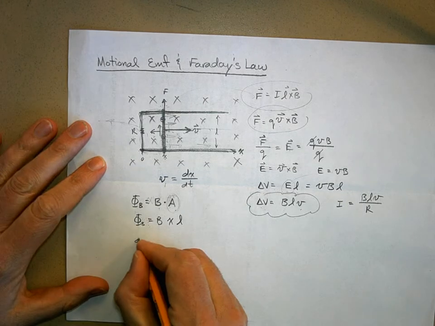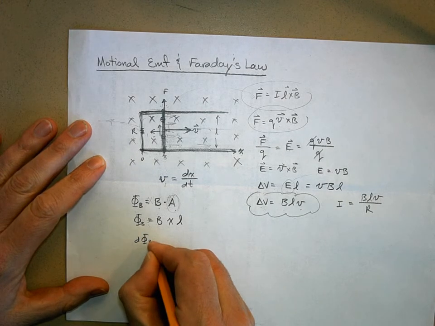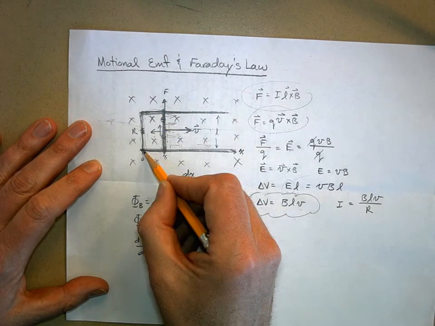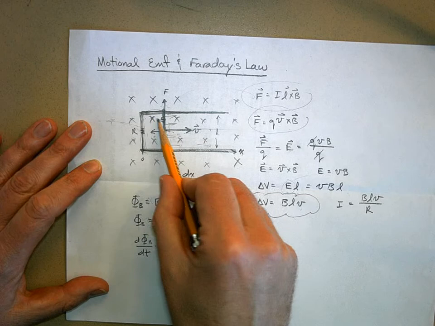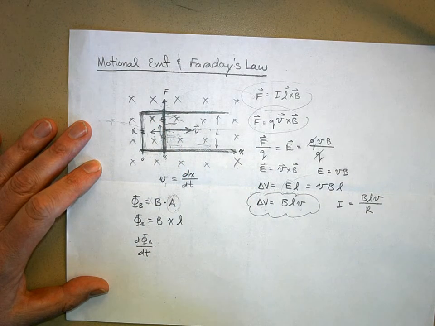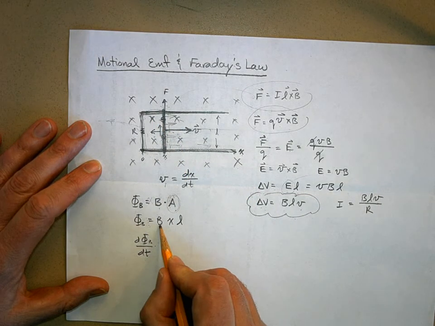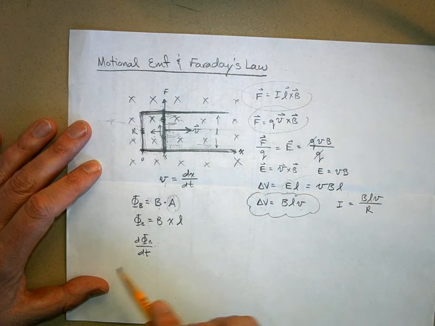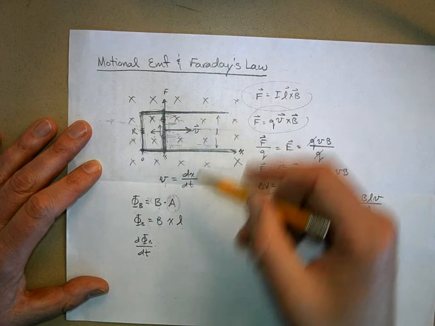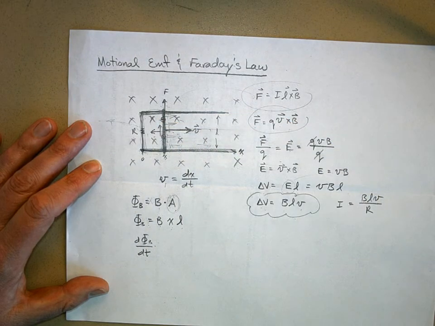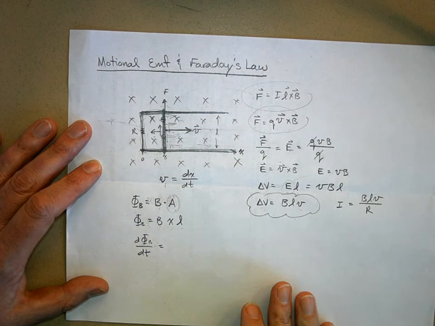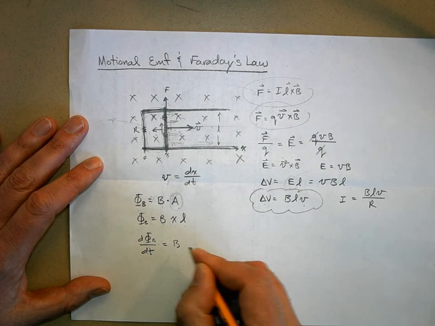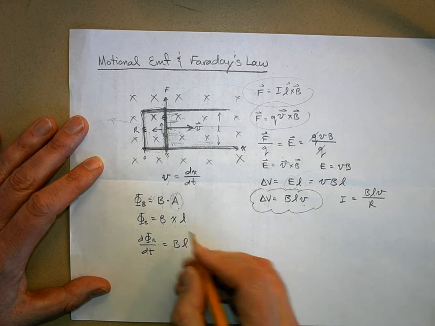So the rate at which the magnetic flux is increasing in this circuit, right? If I pull this to the right, I'm increasing the amount of magnetic flux in there. Well, B is a constant, right? We said let B be uniform. L is a constant. So x is the only thing that's changing with time. So this is going to be B times L times dx/dt.